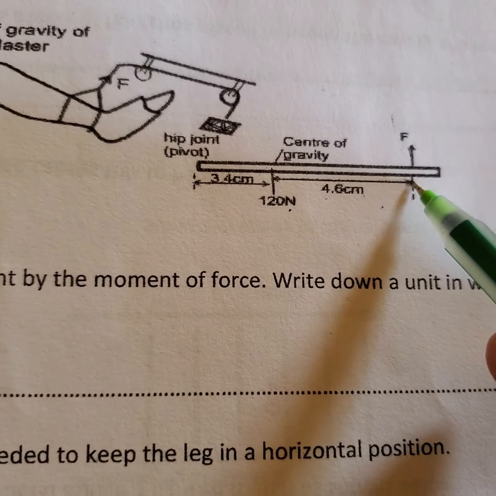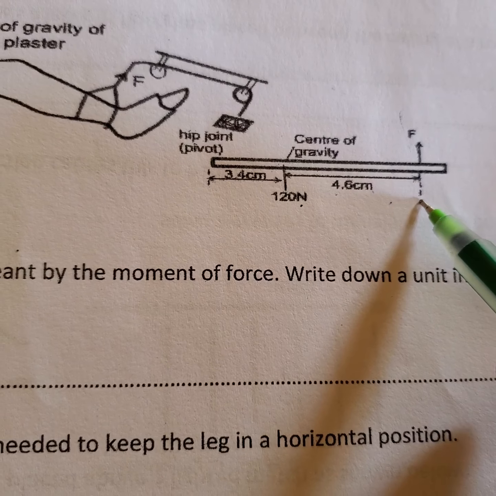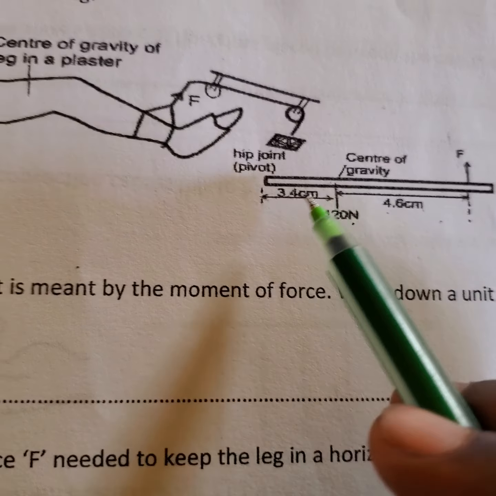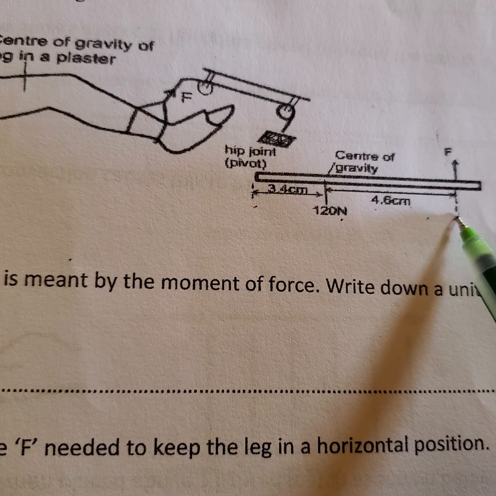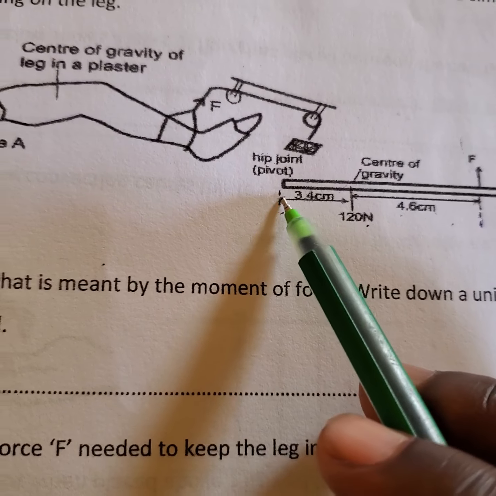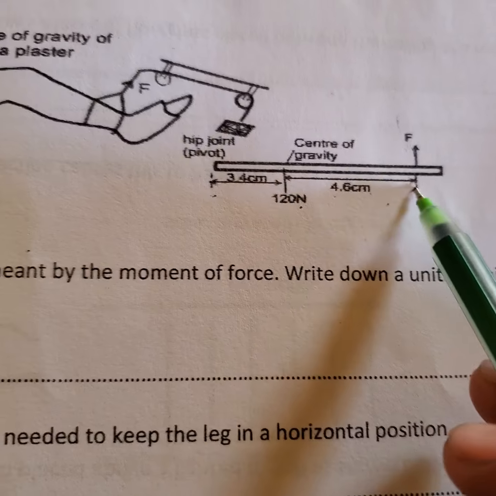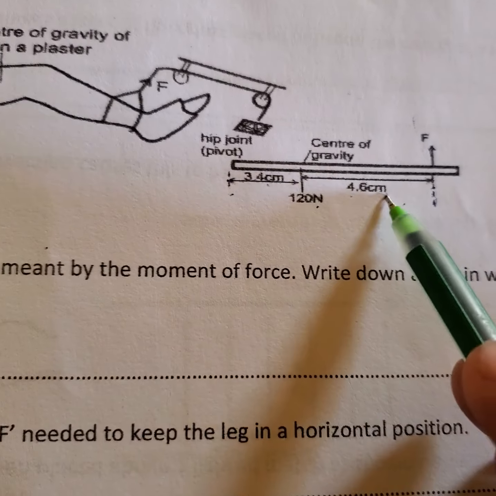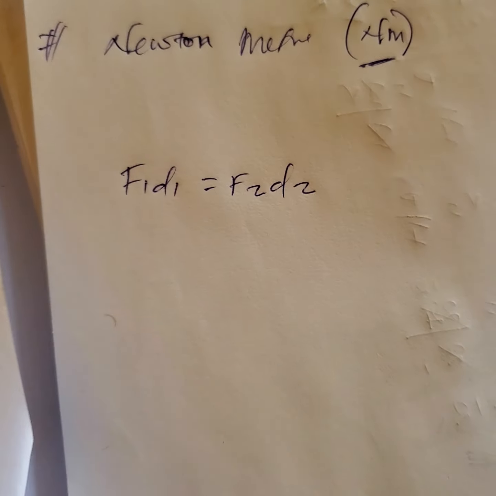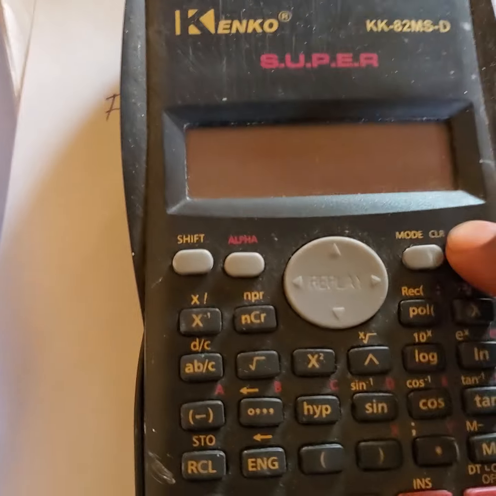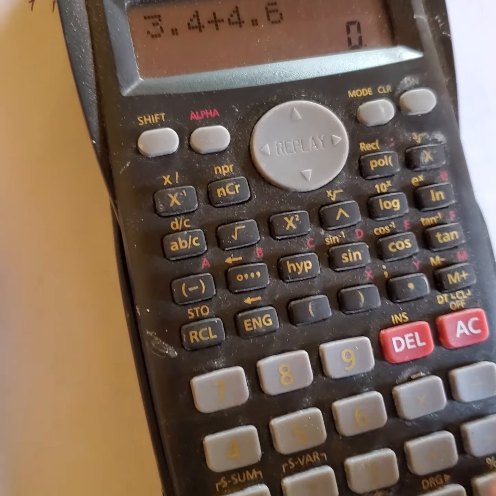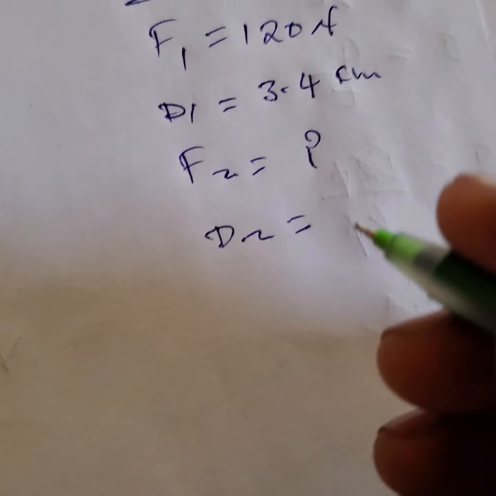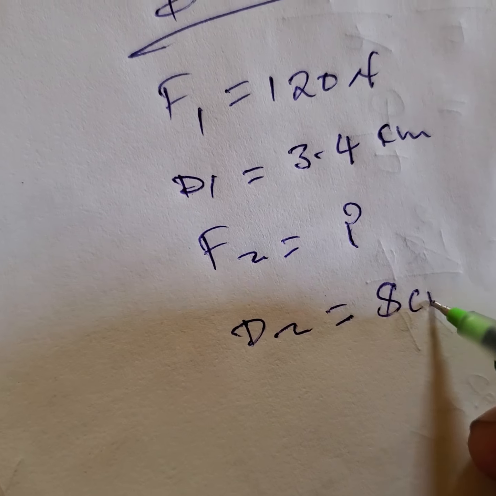So here is the force that we are looking for, and the distance from the pivot to the applied force is from this point up to this point. So we have 3.4 plus 4.6. That gives us 8. So distance 2 is 8 centimeters.